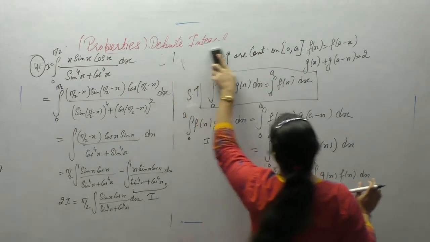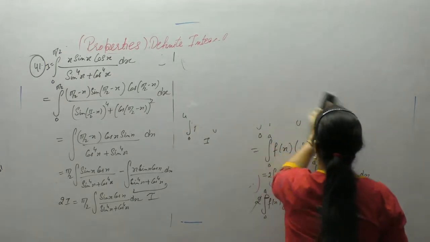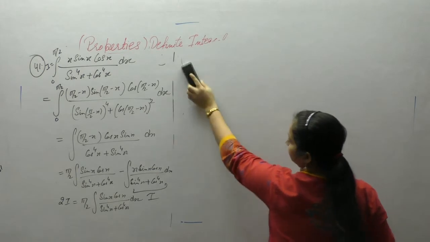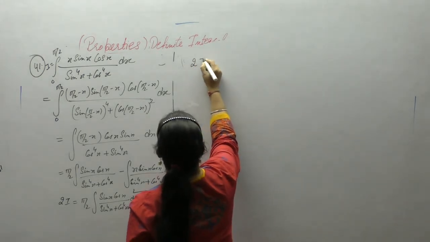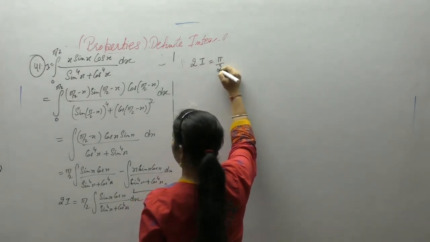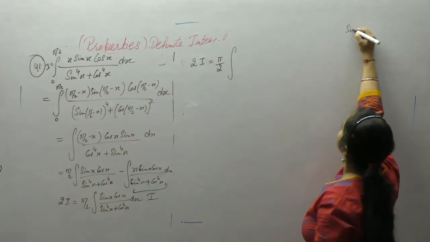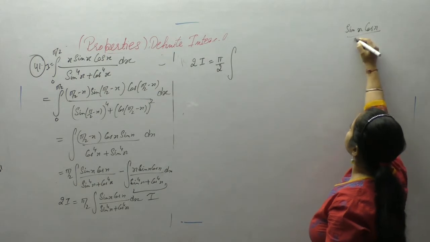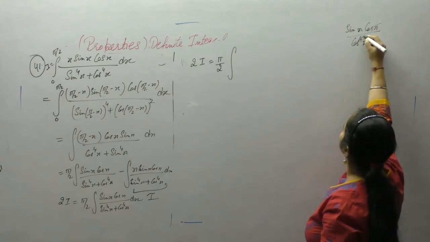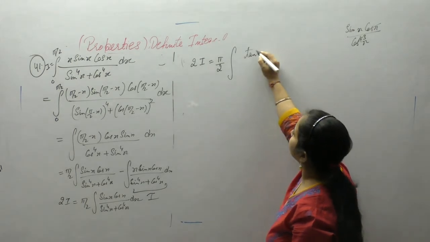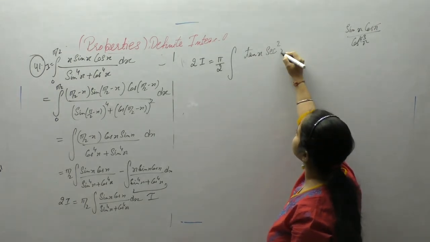Now divide the numerator and the denominator by cos^4 x. 2I is equal to pi by 2 integral of sin x cos x upon cos^4 x. Sin upon cos is tan and 1 upon cos square is sec square.